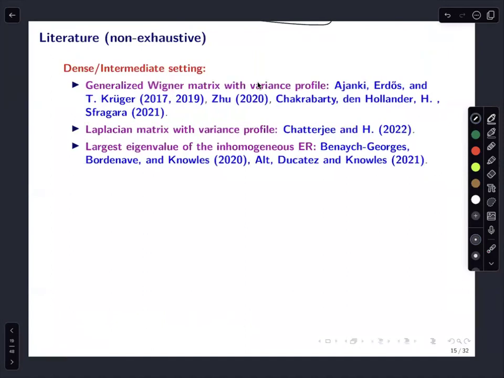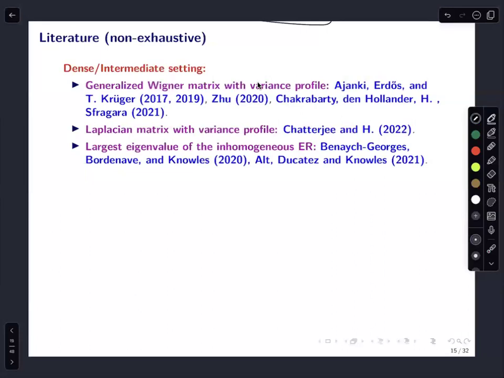Okay, some literature. I apologize to those who are experts in this area, there is a vast amount of work. I have tried to pick some works which are closely related to what I am doing, but there is a huge amount of literature.